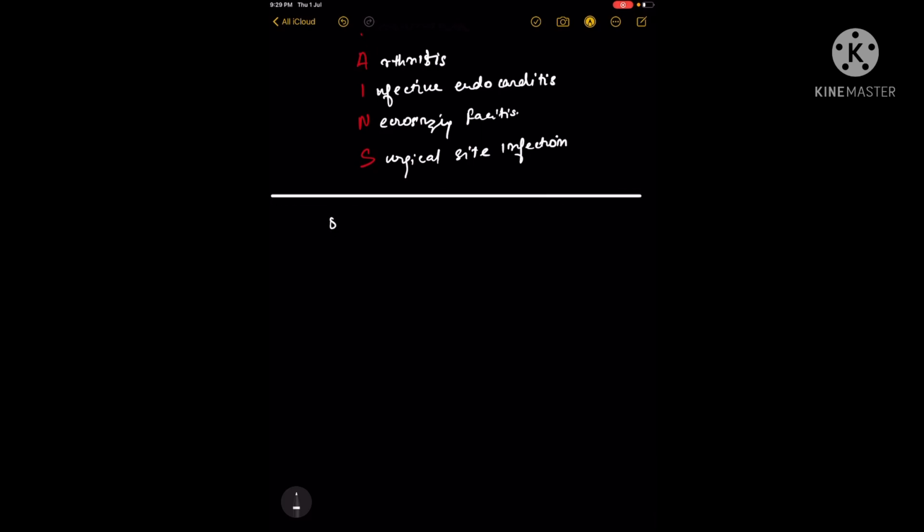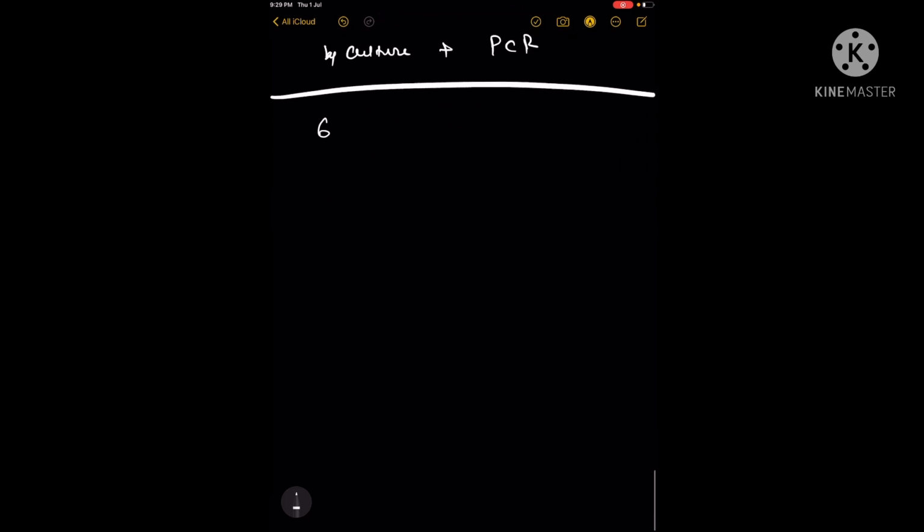The investigation of choice is culture, or you can also do PCR. The IOC is over. And the sixth one is treatment. So at first, penicillin was used, but the plasmid, in particular, and beta lactamases cause resistance.